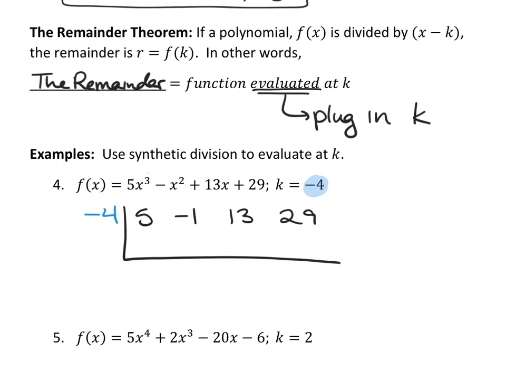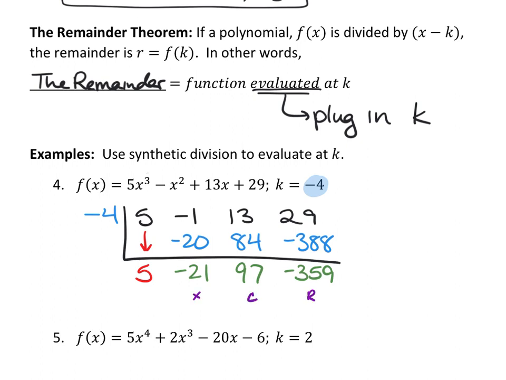Big Mama, we bring down, we multiply, we add, we multiply, we add. I know you have a calculator and can do the multiplying and adding, that's why I'm going a little fast. We multiply, we add. We label R, C, X, X squared.